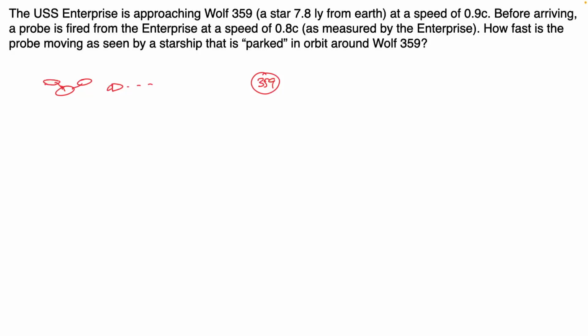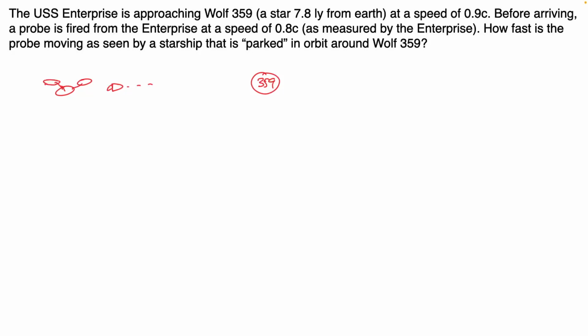Okay. So they gave us some speeds. Let's tackle the first speed, 0.9 c. Who's doing the measuring? Is it the Enterprise or is it Wolf 359? The answer is yes.